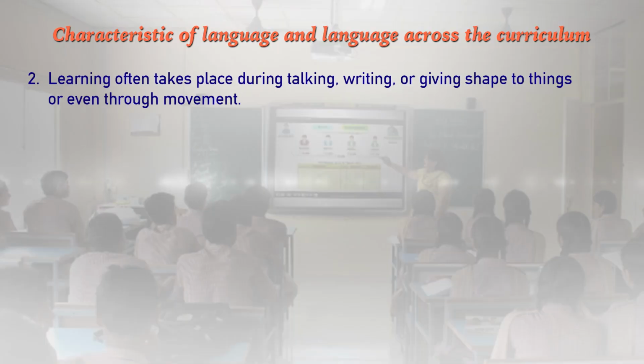Or there are two words, place and value. They have certain meanings in English, but when these words are used together as place value in mathematics, it has different connotations, etc. Coming back to the characteristics of language, the next characteristic is that learning often takes place during talking, writing, or giving shape to things, or even through movement.